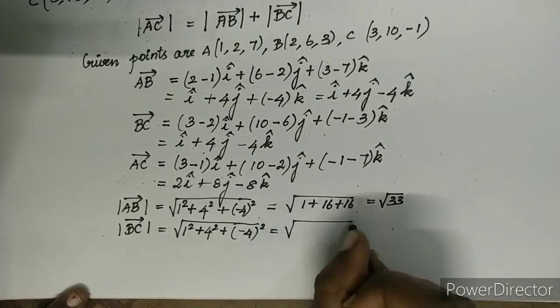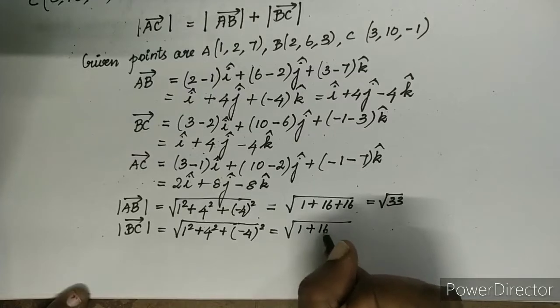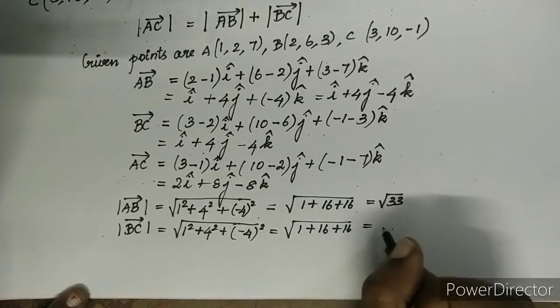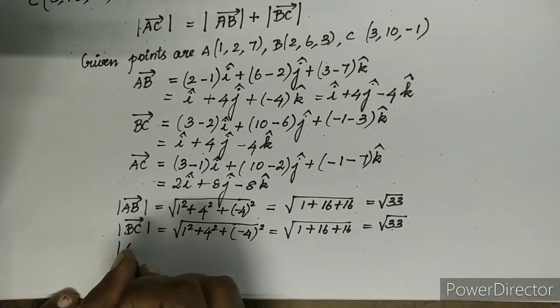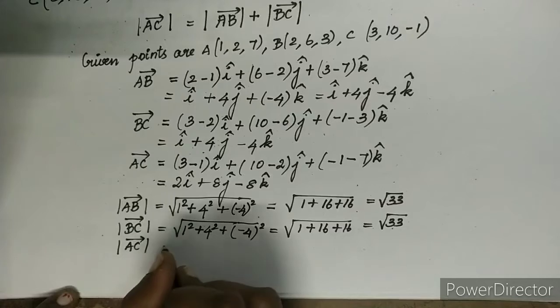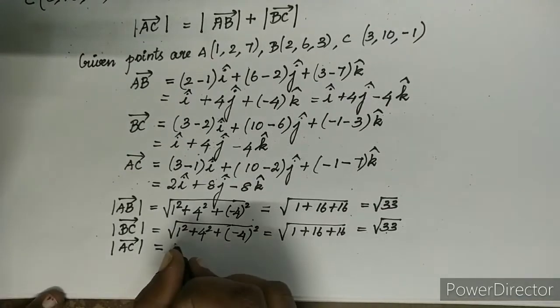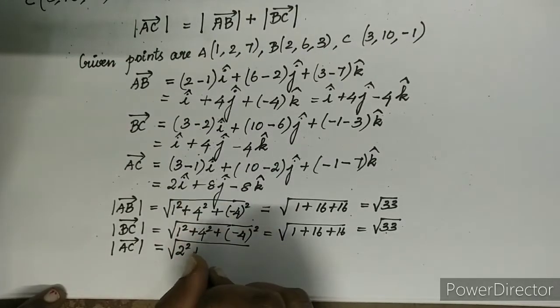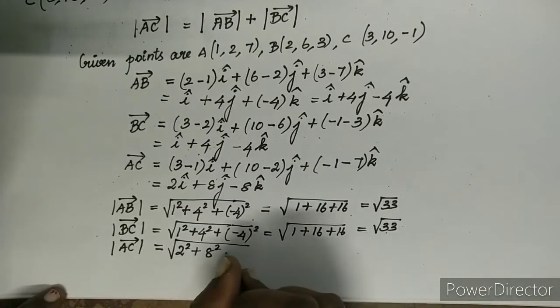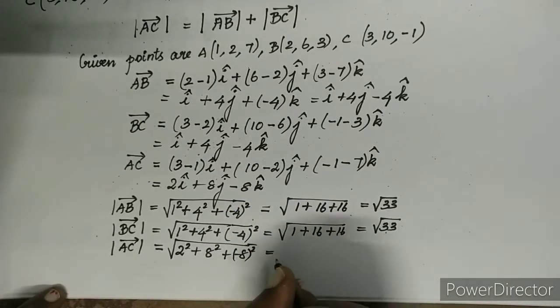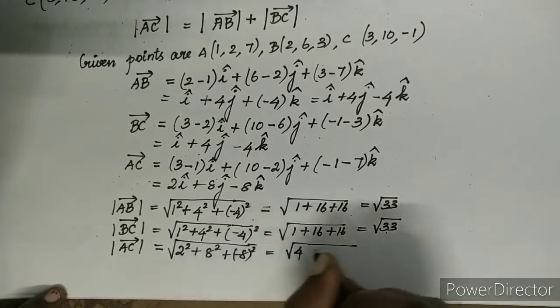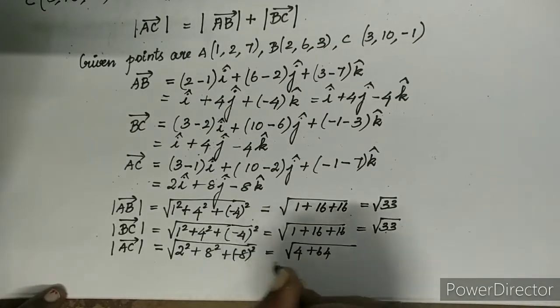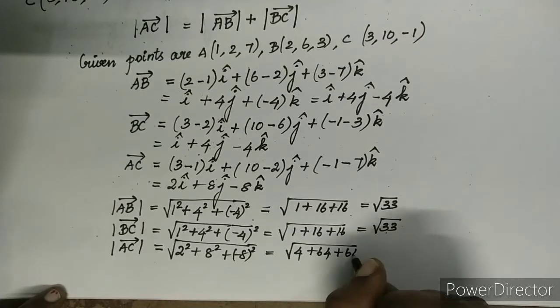Which is equal to 1 plus 16 plus 16, which is again root 33. Next, magnitude of AC vector is equal to root of 2 square plus 8 square plus minus 8 square, which is equal to 4 plus 64 plus minus 8 the whole square is 64.